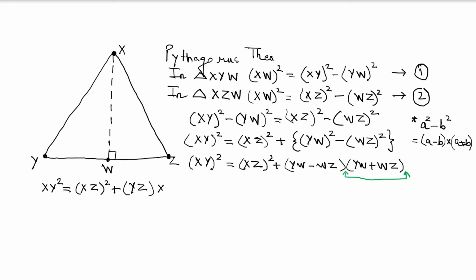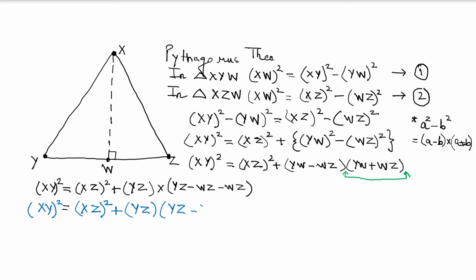So can I write YW is nothing but YZ minus WZ, and minus WZ further, which can be written as, so we come down finally to XY whole square is nothing but XZ whole square plus YZ into YZ minus 2WZ.